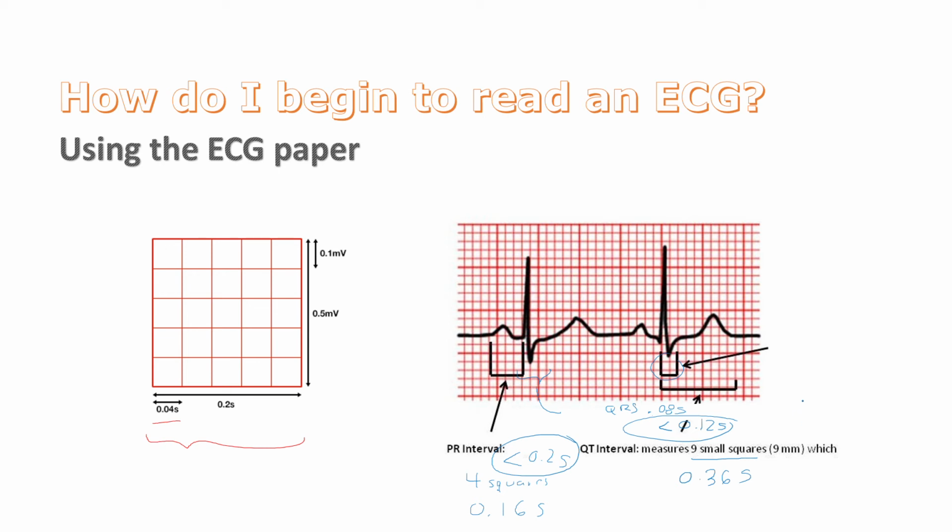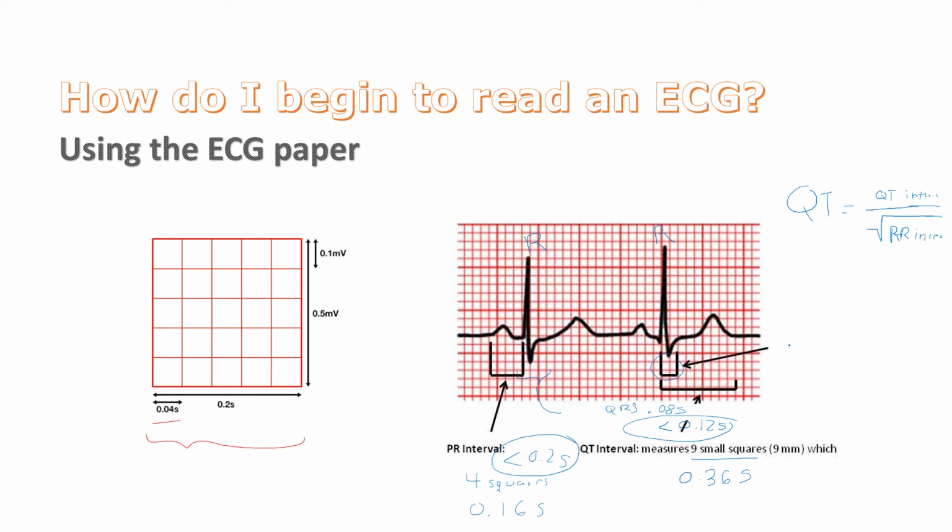And how do I measure or identify the QT interval? How could it be normal or not? Well, QT is rate dependent. So the corrected QT equals the observed QT interval divided by the square root of the length from one R to another R, the RR interval.